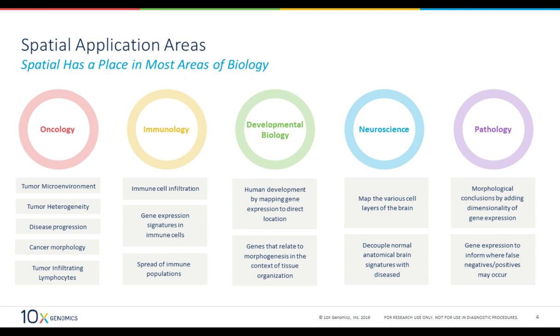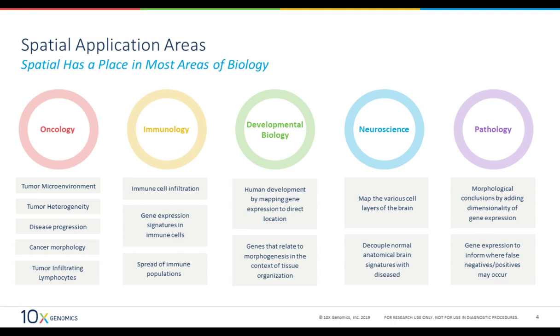So we believe that spatial has a place in most areas of biology. That ranges from oncology, which is the example I just gave you, really important for tumor heterogeneity, tumor microenvironment, and white blood cell migration, as well as immunology, understanding immune populations and the types of immune cells, is it an M1, M2 response, all the way into developmental biology, from mapping specific organs to understanding development as a function of time and space, which is an emerging field.